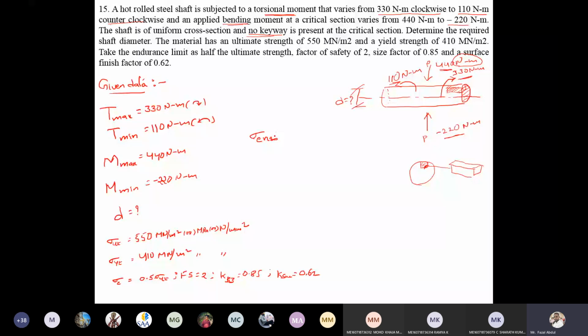So this equivalent is nothing but equivalent normal stress due to axial load plus equivalent normal stress due to bending. Both represent the equivalent normal stress or net effective normal stress. First we need to calculate this one. After this one, equivalent shear stress we need to calculate.